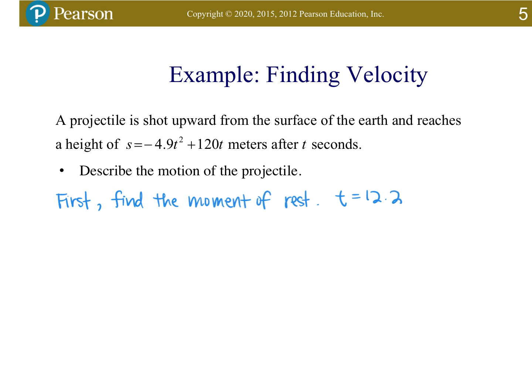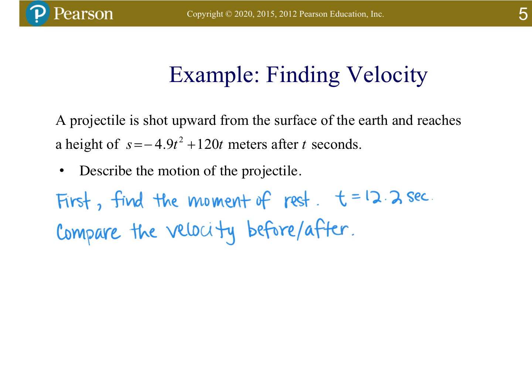Then you want to find out what it is doing before 12.2 seconds and what it is doing after 12.2 seconds. So we want to compare the velocity before and after.